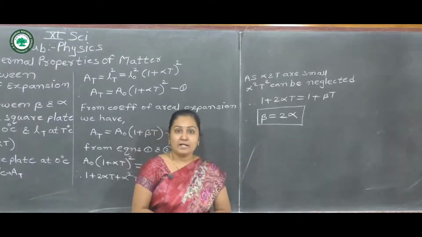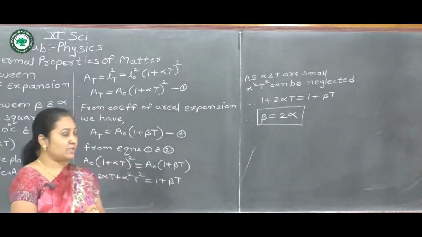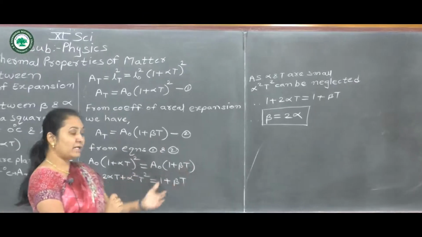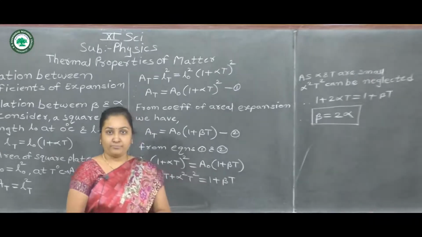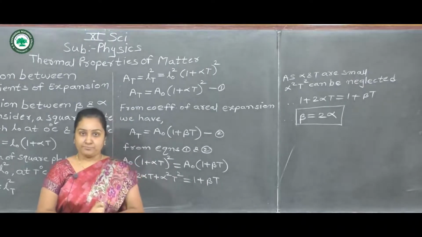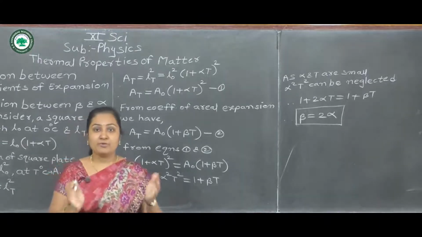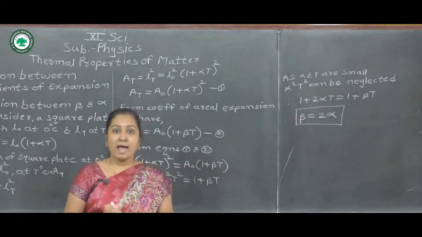So this is the relation between the coefficients of areal expansion and linear expansion, that is beta and alpha, and we get beta is equal to 2 alpha. Similarly, we will find the relation between gamma and alpha.